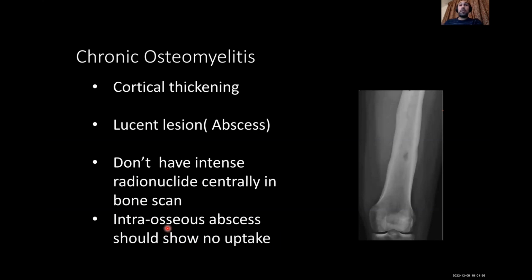The next differential is osteomyelitis. We have the Brodie abscess, with cortical thickening and a lucent lesion, and it doesn't have intense central radionuclide uptake in the bone scan. It is the reverse of the nidus. The intraosseous abscess is dead bone, so it takes up nothing and shows no uptake.